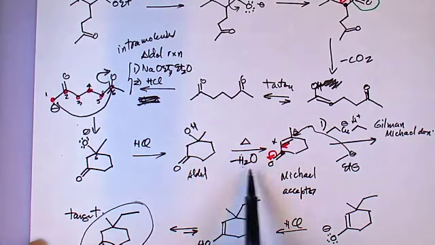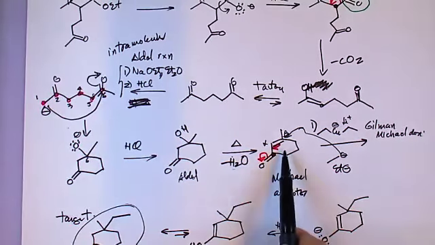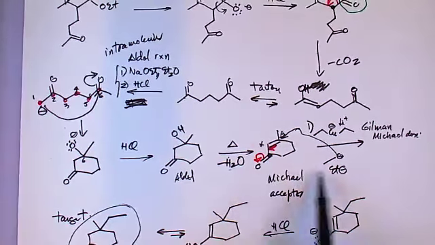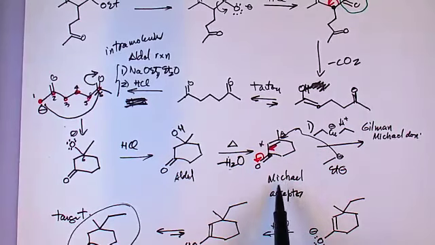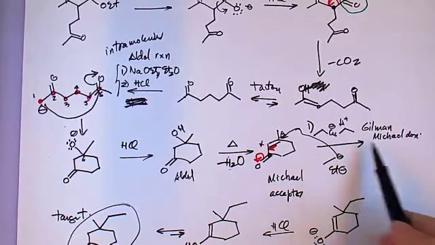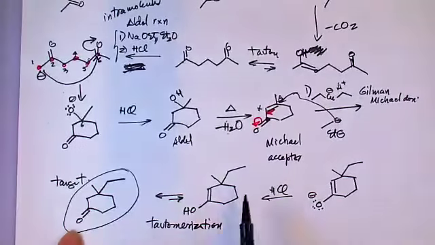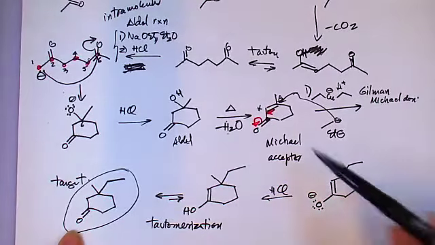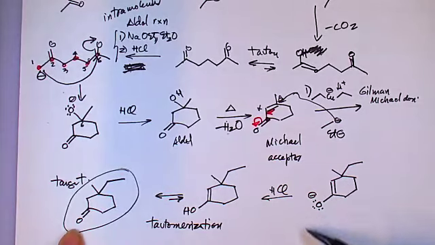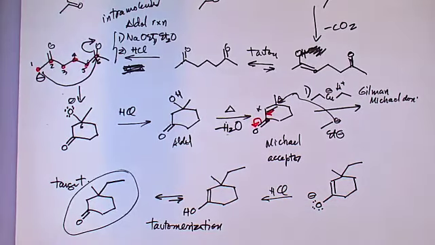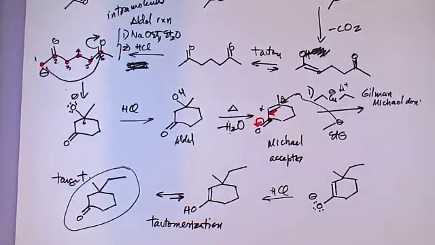But with heat, you get the dehydration step, so an alpha beta unsaturated ketone, and this is a great Michael acceptor. We will use Gilman to introduce the ethyl group that I have in the target. When we do that attack, moving those electrons over, you get the enolate, the enol upon acidic workup, and finally a tautomerization step. Okay.